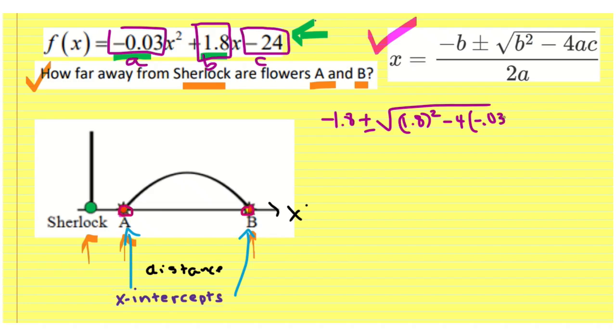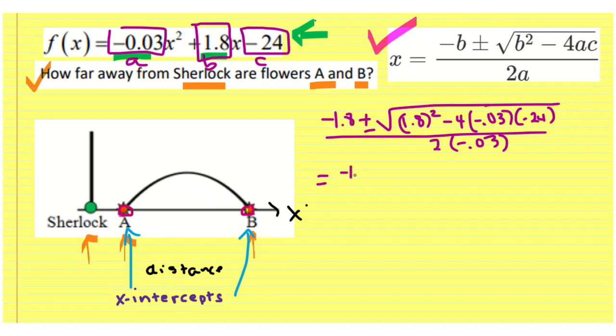And my c is negative 24. And all of that is over 2 times a again, which is negative 0.03. Okay, and I just keep working it down.